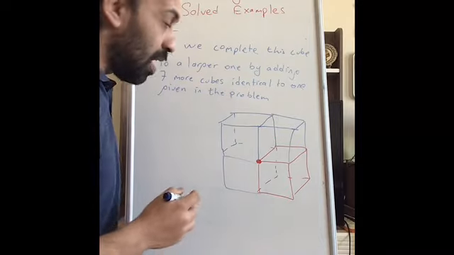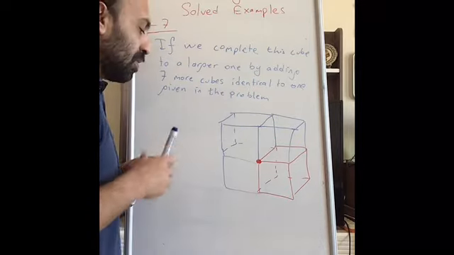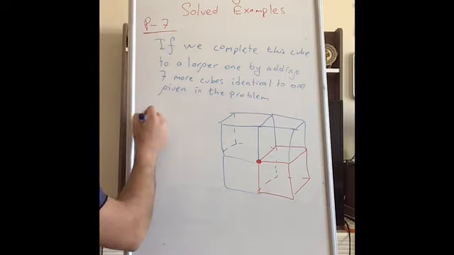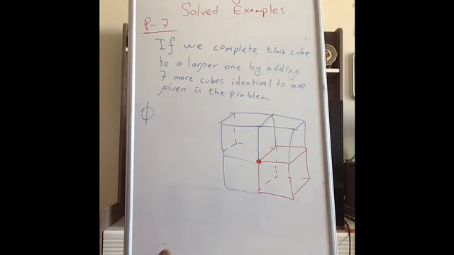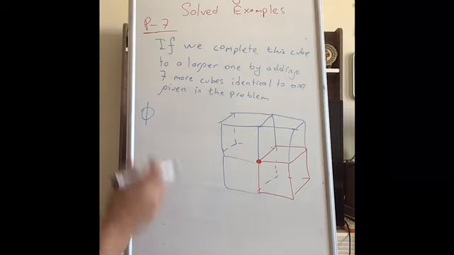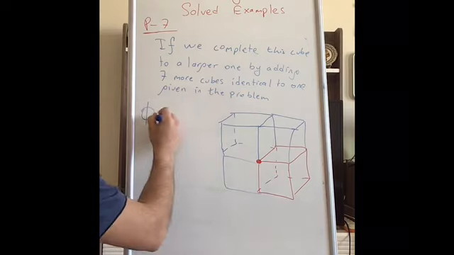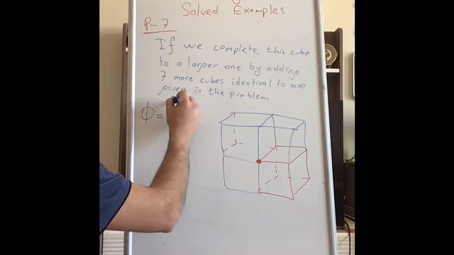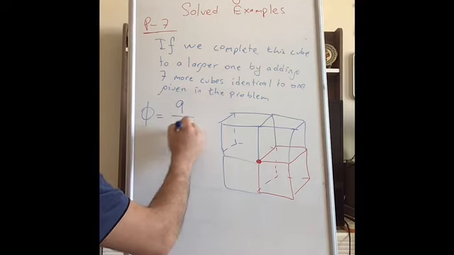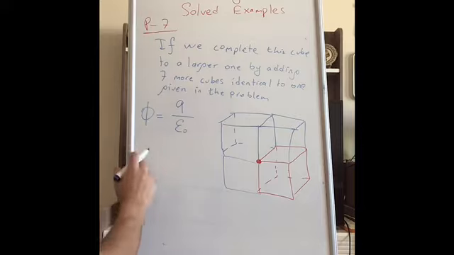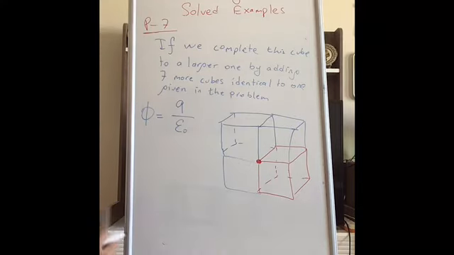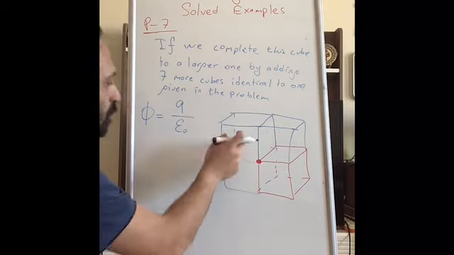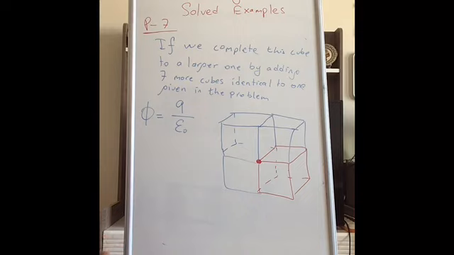Then we could use Gauss law for the large one. And what does Gauss law say? The total flux through the large cube, because the large cube is a closed surface and this point-like charge is at the center of this large cube, will be simply the total charge enclosed over epsilon 0. And since they are identical and the point is at the center, each cube shares this total flux equally.